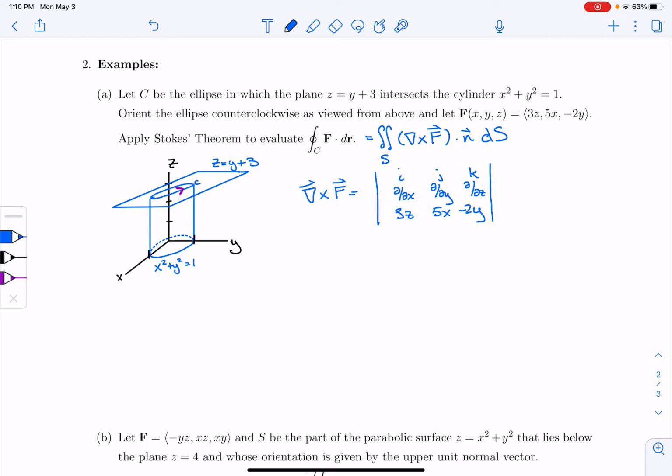If I want to compute that curl, I have the y derivative of negative 2y, which is negative 2, minus the z derivative of 5x, which is 0, minus j times the x derivative of negative 2y, which is 0, minus the z derivative of 3z, which is 3, and then finally plus k times the x derivative of 5x, which is 5, minus the y derivative of 3z, which is 0.